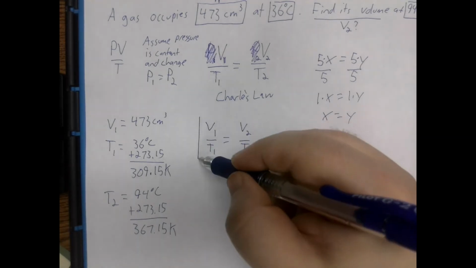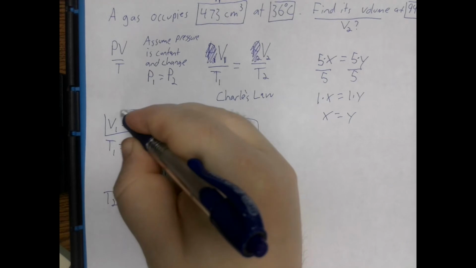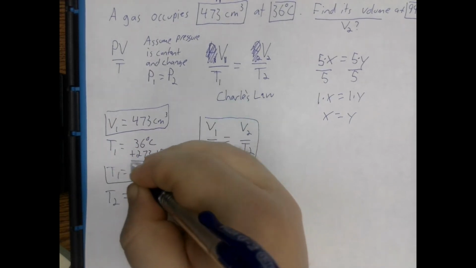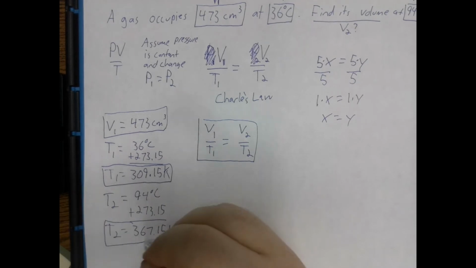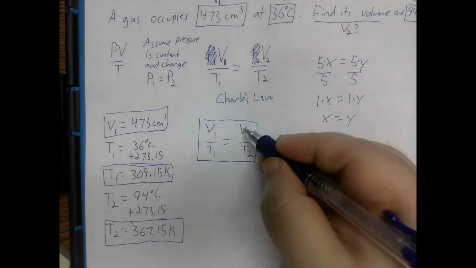This is our equation. These are our variables. These are what we plug in. Personally, I use pure algebra until the last step. What are we solving for? We're solving for V2.